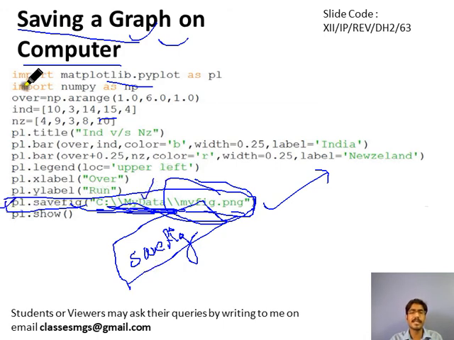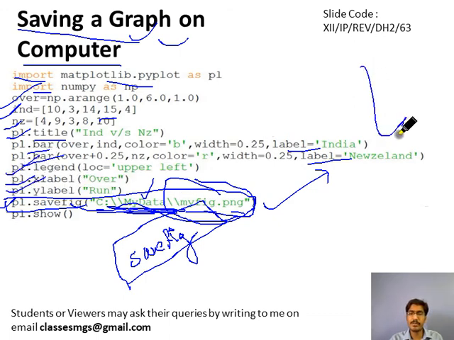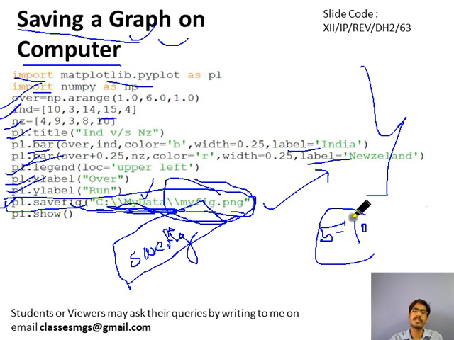Other code will remain the same: import over variable, India variable, New Zealand variable, title variable to set the title, drawing the 2 bar graphs, setting the labels for the legend. We are showing the legend on the upper top, and setting the x label, y label, and run. If you know that much code, you can easily score 5 to 10 marks in this chapter, because the question is very simple.